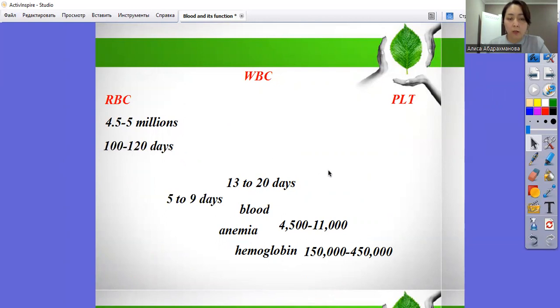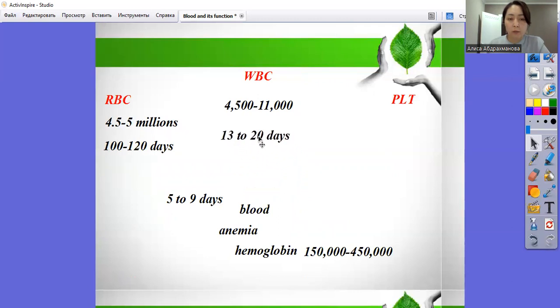The normal white blood cell count is 2,500 to 11,000 per cubic millimeter, and the lifespan of these cells ranges from 13 to 20 days.